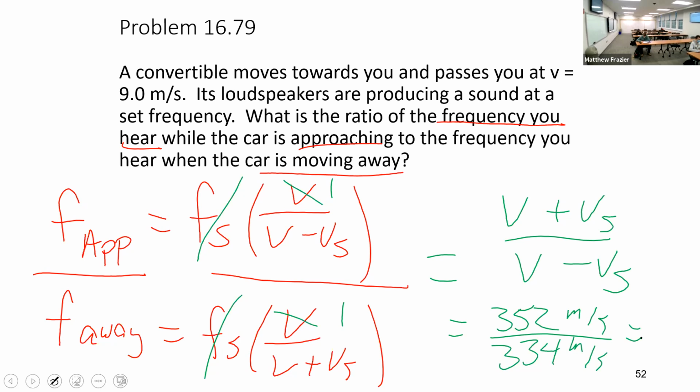Big number divided by small number is bigger than 1. And I get like 1.05. So a lot of times you can have problems that don't have very much information in them, and you're going to have to wiggle around ratios and stuff.